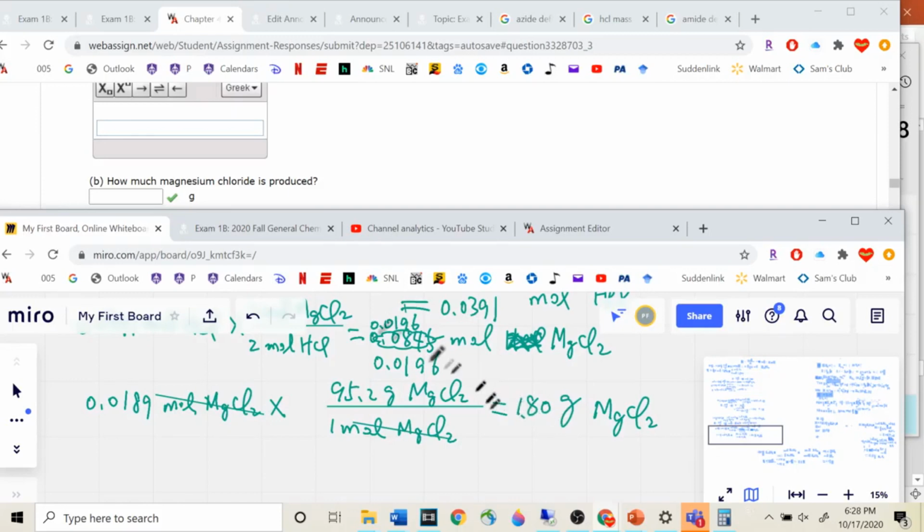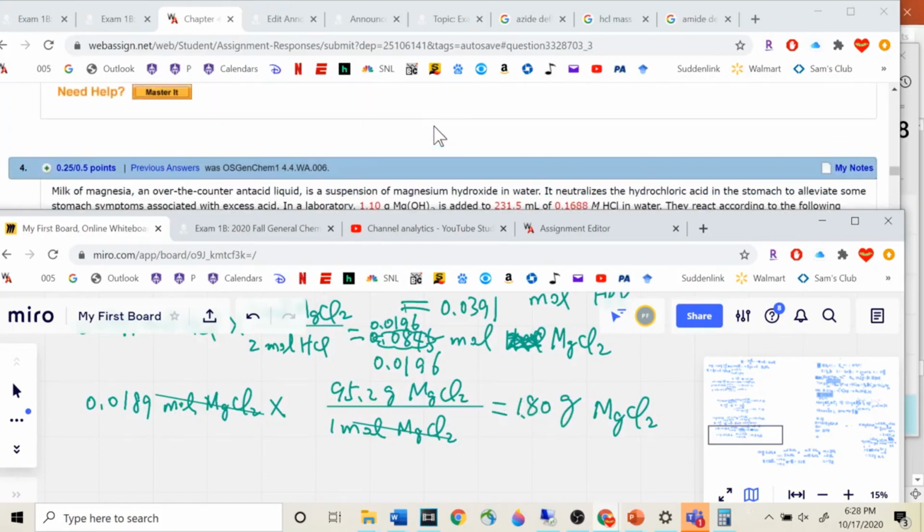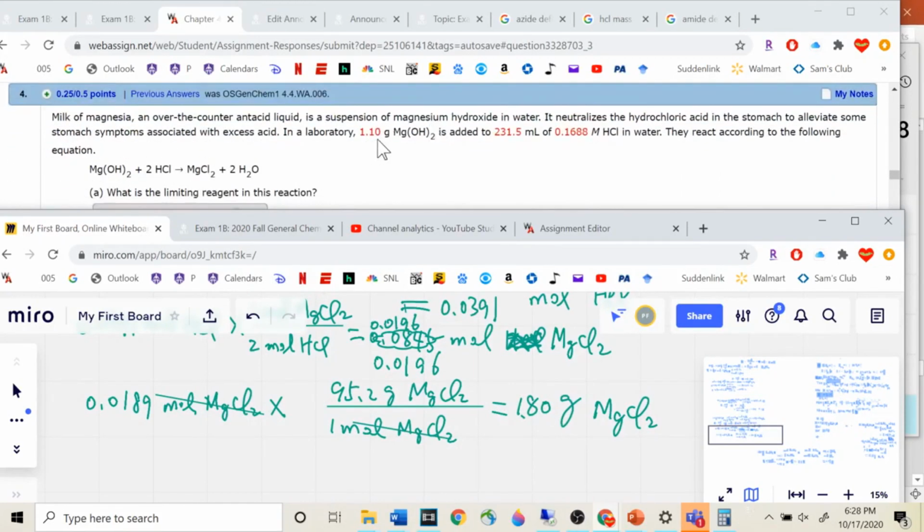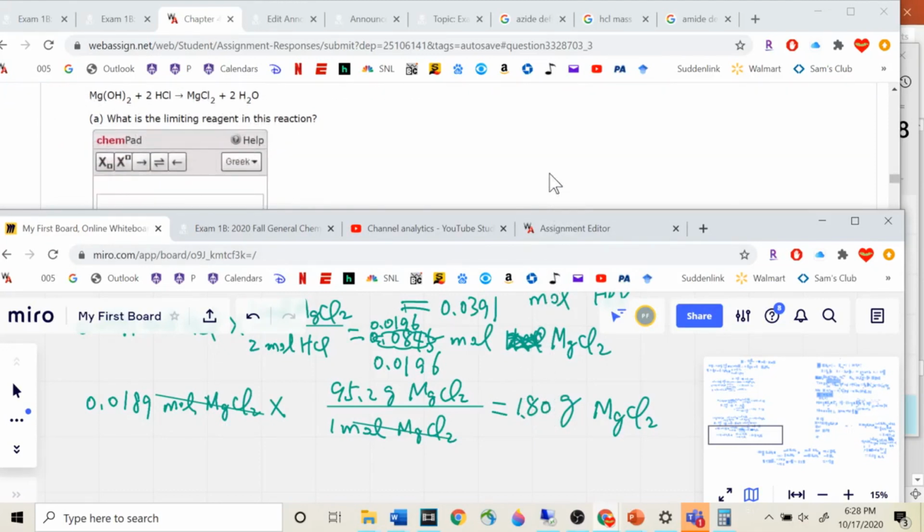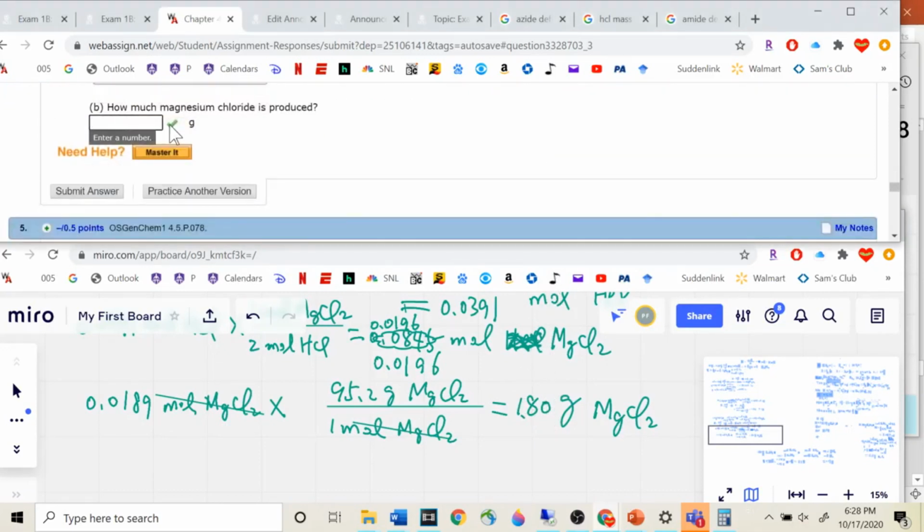Again, that's because in the original question, the least number of significant digits is 3. So 1.80 grams of magnesium chloride. You can enter that into this box, then you can submit your answer. That's how you solve this problem.